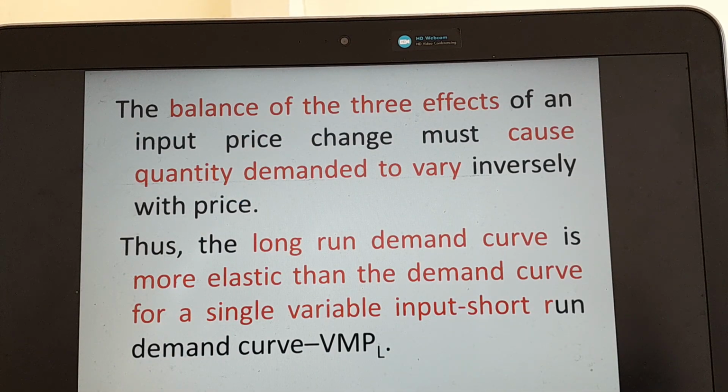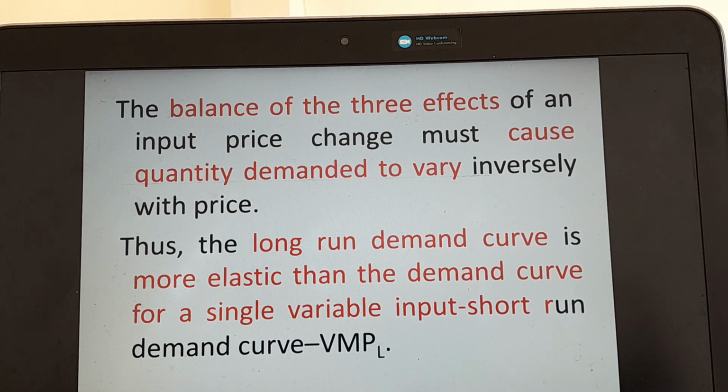The balance of the three effects, that means the substitution effect, output effect, and profit maximizing effect, must cause quantity demanded to vary inversely with the price. Thus, the long run demand curve is more elastic than the demand curve for a single variable input in the short run. That means, as we saw above, in the long run, when we use multiple variable inputs, the demand curve is more elastic than in the short run, or when using a single variable input.